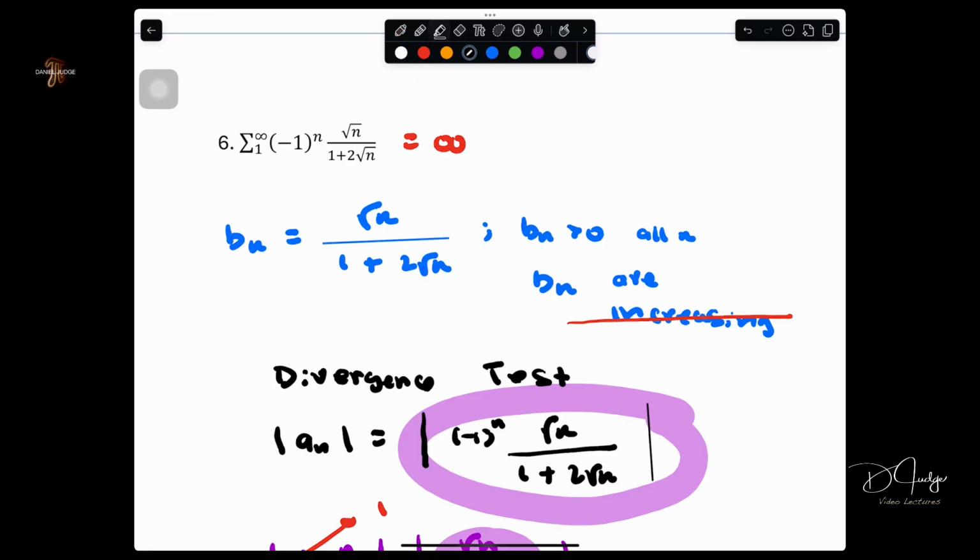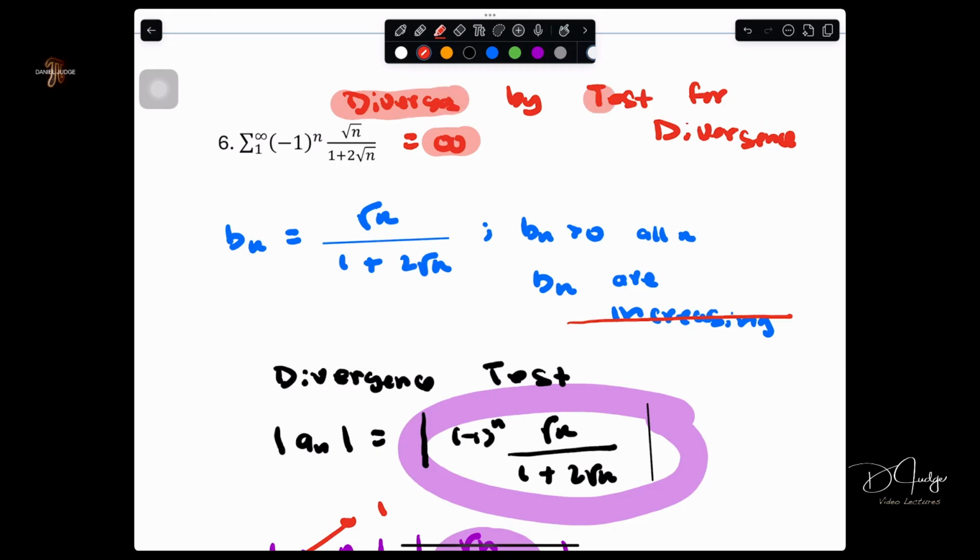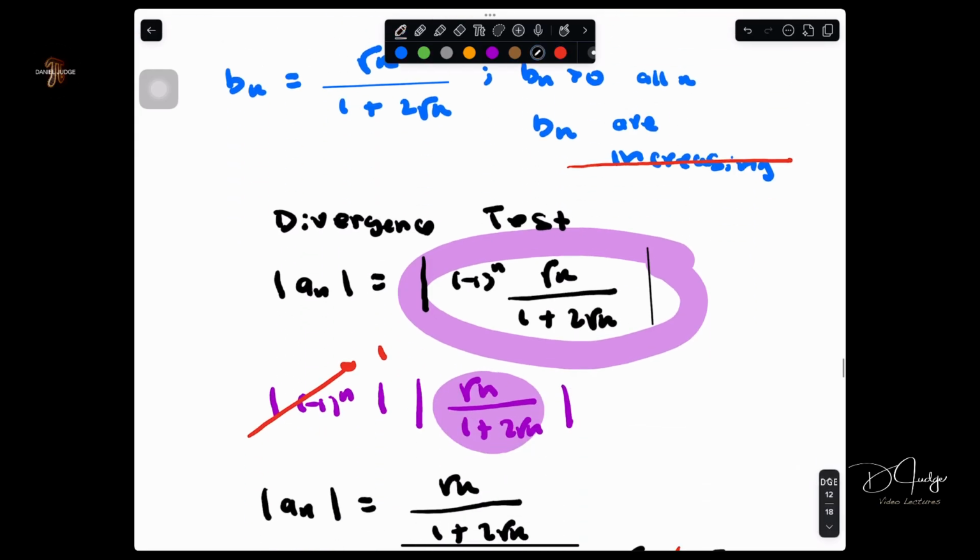So we can say the limit does not equal 0. It diverges by the test for divergence. Okay, there we go.